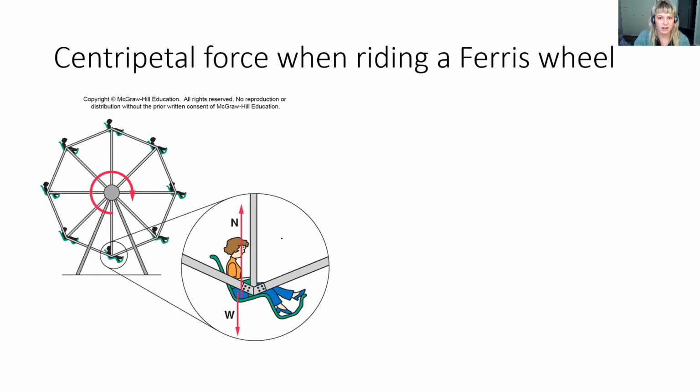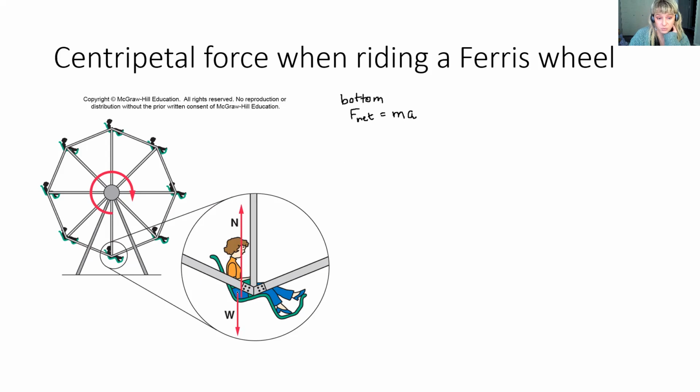So if I look at the bottom, let's analyze the forces on you at the bottom, and let's use Newton's second law to analyze it. So F net, the net force acting on you at the bottom, is equal to your mass times your acceleration. What are the forces that are acting on you at the bottom?